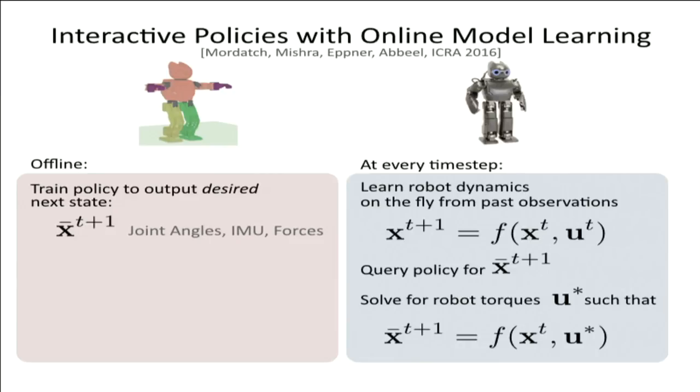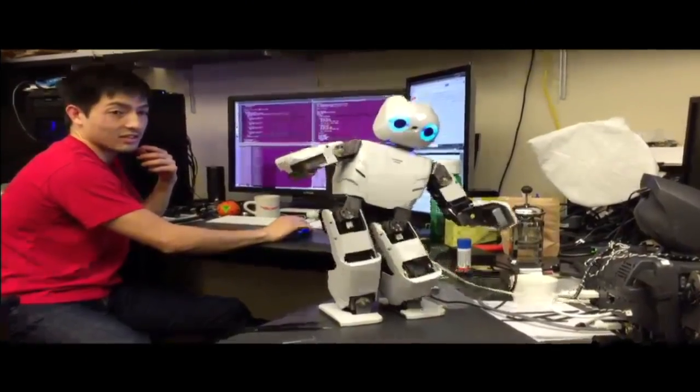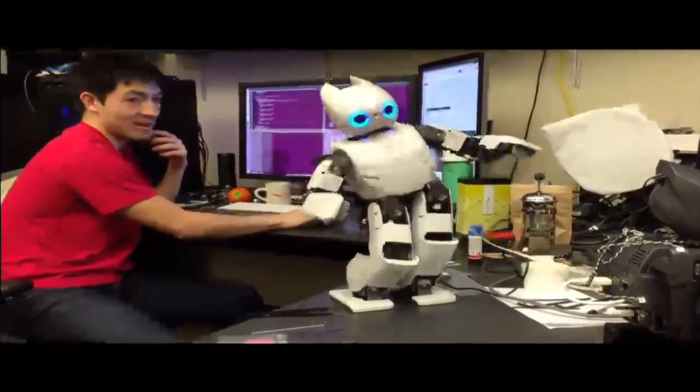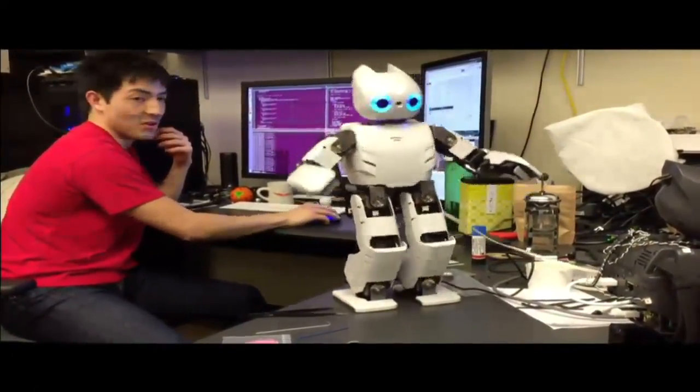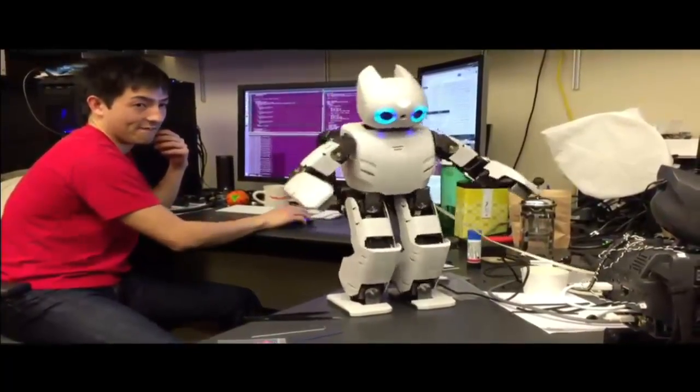So again, it's a pretty similar setup to what Sergey talked about, and the nice thing about it is that you're learning this dynamics model online. Nikhil actually, in this very lecture, worked with me on this project, and we end up getting pretty responsive movements when we do this online model learning.